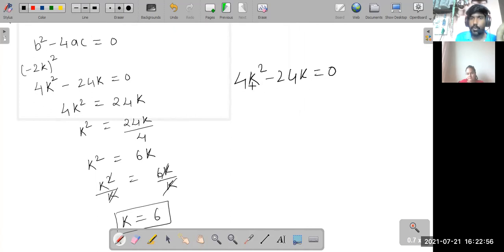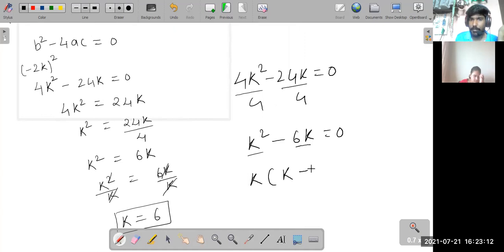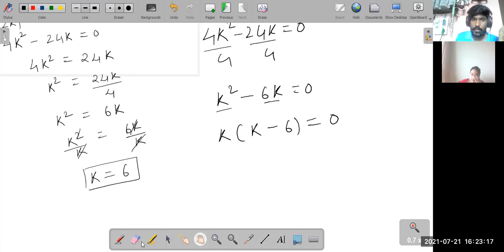Both 4 and 24 are divisible by 4, so you divide by 4. You will get k square minus 6k is equal to 0. Now you can take k common out, so you will have k into k minus 6 is equal to 0. So from here, k is equal to 0.